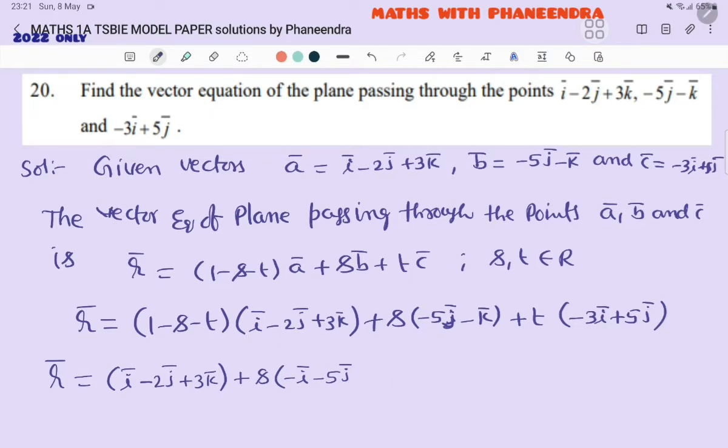Here minus into minus, minus 2 plus 2j minus 5j, so minus 3j will come. Next k terms, minus 3k minus k, minus 4k. So here minus s into 3k, minus 3s, so k term.